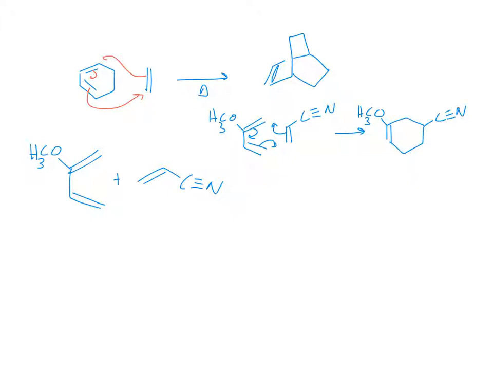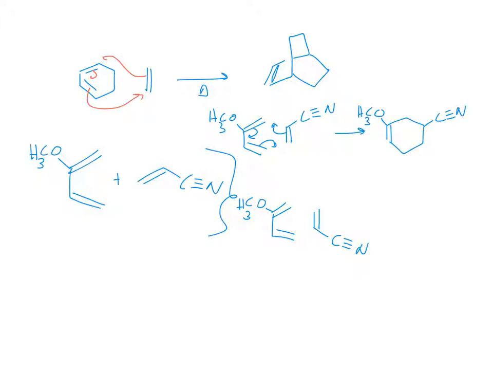The other possibility is that the diene is the same, but we flip the dienophile over. So in this case, the nitrile is pointing down.